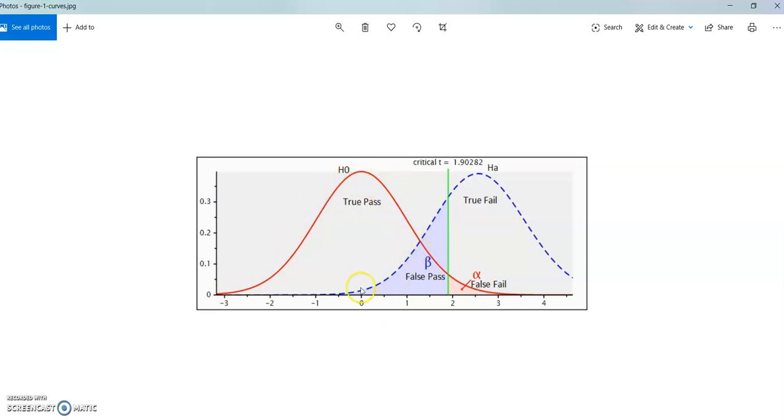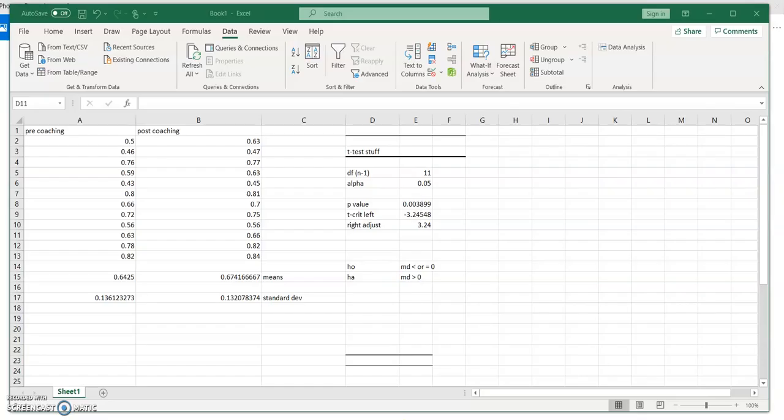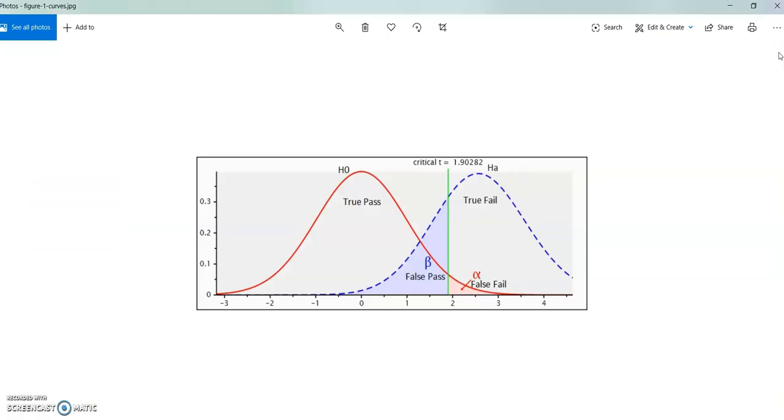In the alternative, if our alternative hypothesis is true, they actually got better. So the scores would fall into some new theoretical distribution out here, the alternative hypothesis distribution. In our case, we got a t-score of like 3.2 and a p-value of 0.0038. Let's see if I remember that.